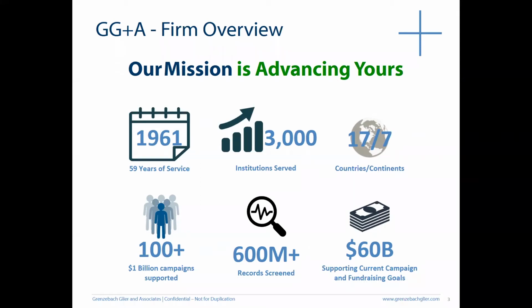But really what's important about that number right below there is we've actually screened more than 600 million records. And that gives us a really deep and wide look at what prospects look like, how they've turned into donors, what kind of donors they've been, and how they've engaged.